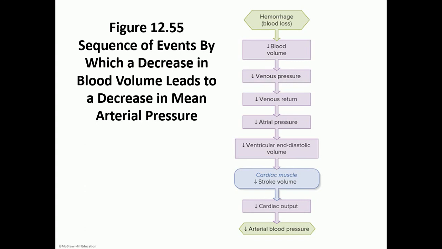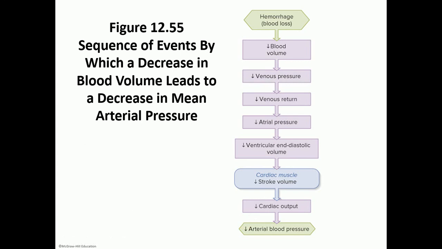Now, what happens if there is a decrease in blood volume? Let's say somebody has blood loss or hemorrhage, and that leads to lower blood volume. That is definitely going to decrease pressure in the veins, which will decrease your venous return and eventually decrease your stroke volume and decrease your cardiac output, and that's why your arterial blood pressure goes down.